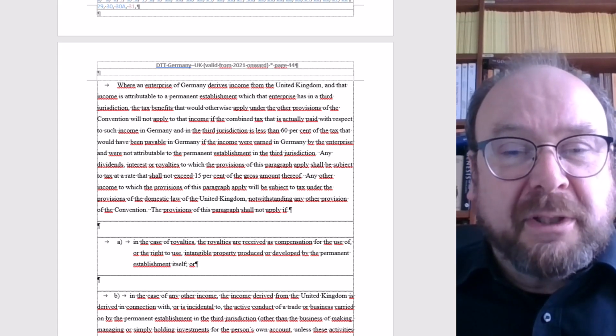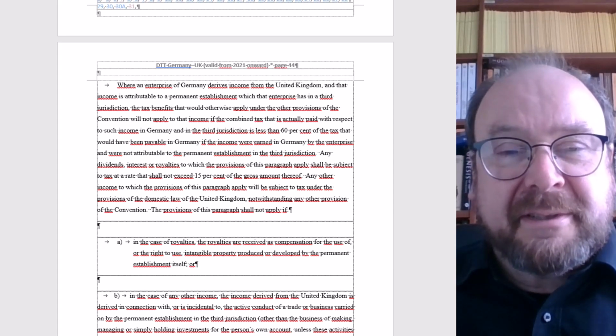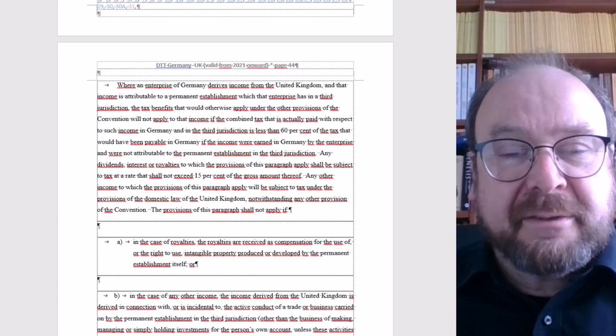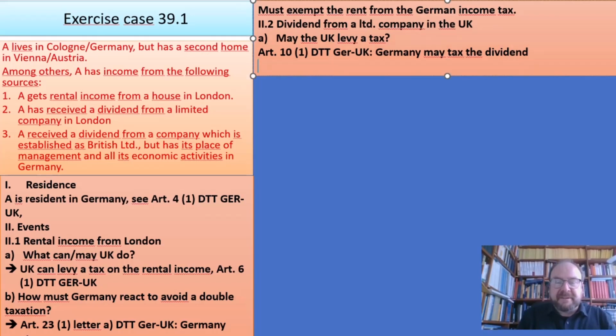So that was 10.1, Germany may tax, and 10.2, the British can take a tax of 15%, letter C in 10.2. Let's put it on paper. Article 10.1 of the DTT, Germany, UK. Germany may tax the dividend irrespective of what comes next, but also 10.2, letter C, of Germany, UK, but also the UK may tax with an upper limit of 15%.